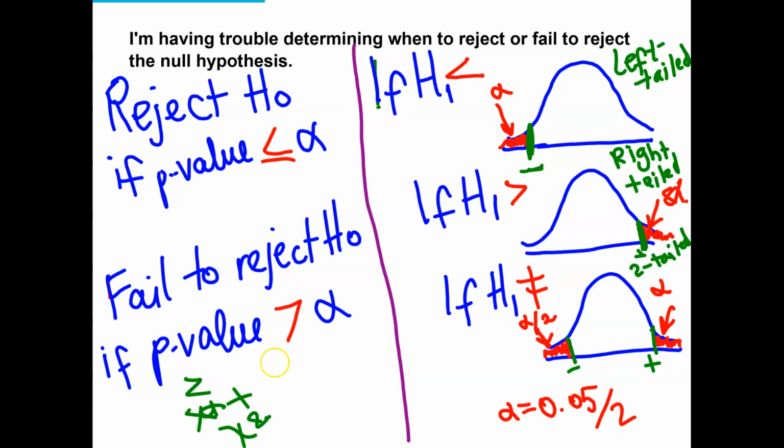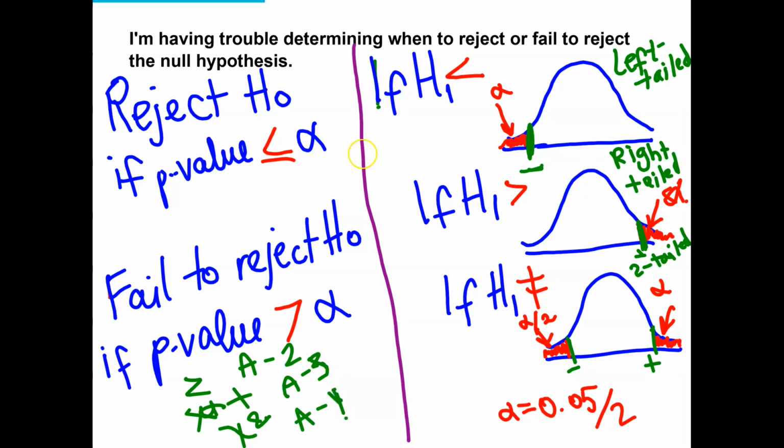To find the Z statistic, we can use table A2 with Z values. To find the T statistic, we can use table A3 with the T distribution. To find the chi-square statistic, we use table A4 with the chi-square distribution.